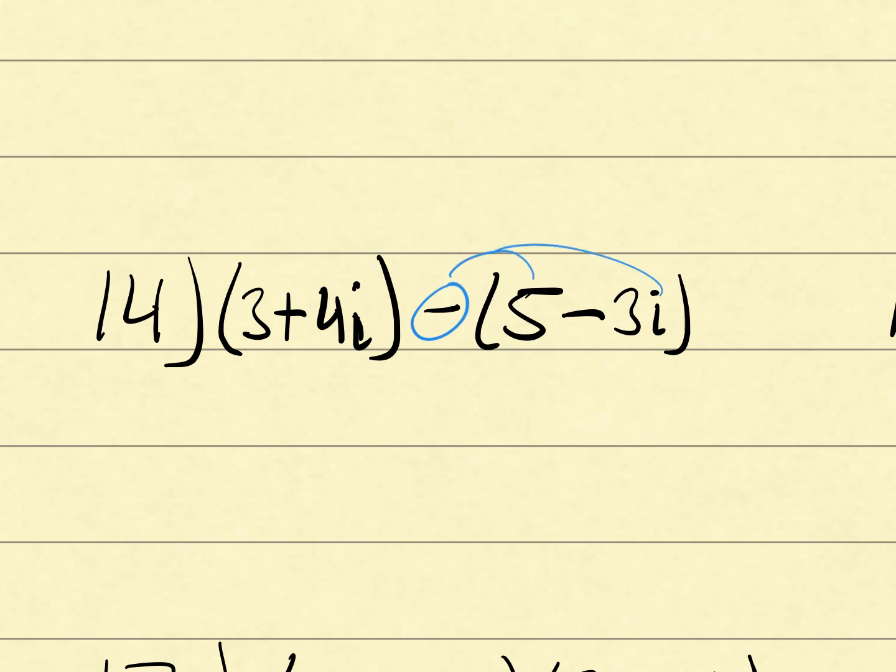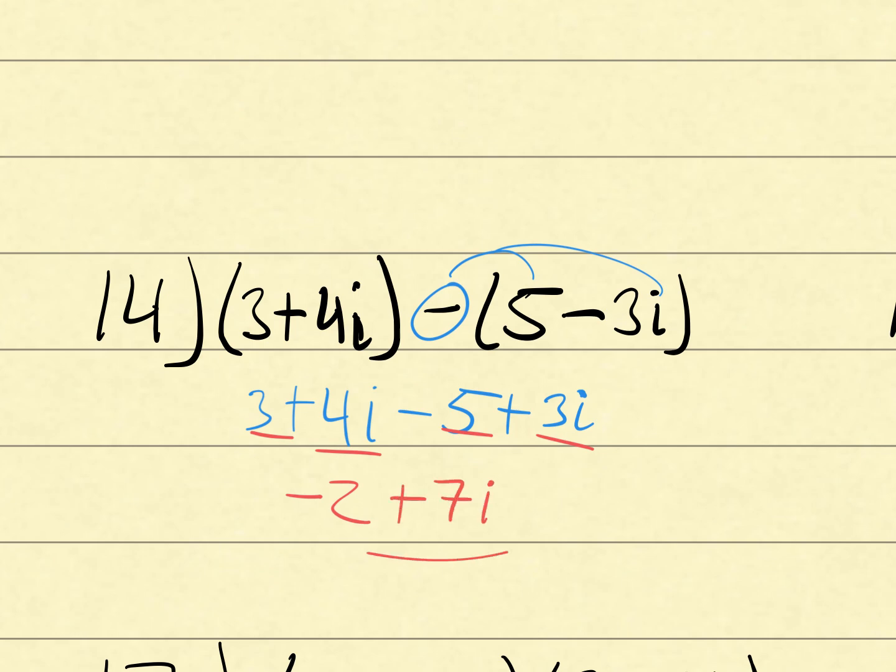Let's make everything negative, change the sign of everything. So we get 3 plus 4i minus 5 plus 3i. And now you combine real with the real. So 3 minus 5 is going to get you negative 2. Imaginary with the imaginary, 4i plus 3i is going to get you 7i. And that's all you have to do for this one. No need to make it any more complicated.